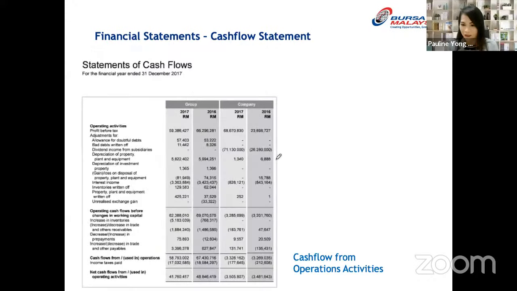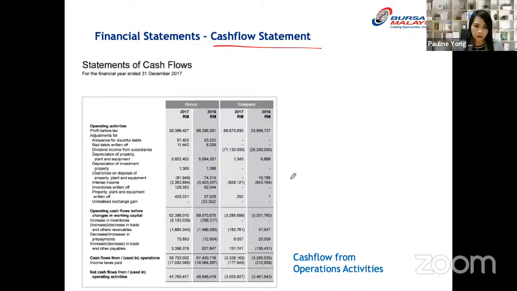Somebody gave me looking for dividends. Yeah, that's right. When you look at the cash flow statement, you are looking for whether this company has enough cash flow for dividend payments. From the investor's point of view, they want to see how much is available for dividends.